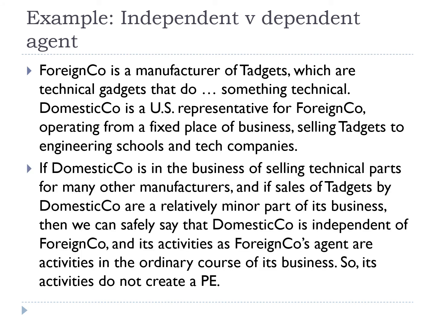If Domestic Co. is in the business of selling technical parts for many other manufacturers, and if sales of gadgets by Domestic Co. are a relatively minor part of its business, then we can safely say that Domestic Co. is independent of Foreign Co. and its activities as Foreign Co.'s agent are activities in the ordinary course of its business. So its activities do not create a PE.